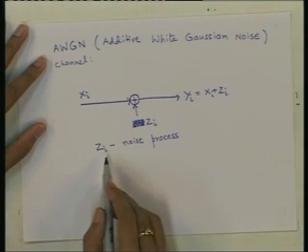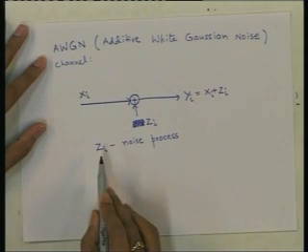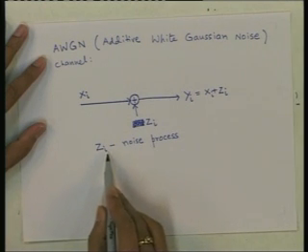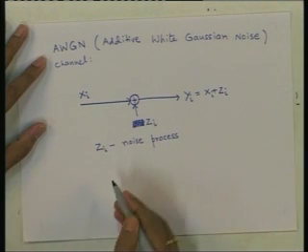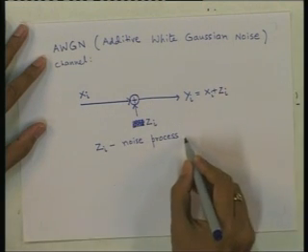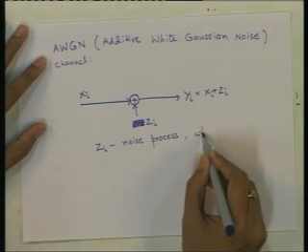And z_i is white, which means that the different random variables z_i for different i are independent of each other. So, this is white.